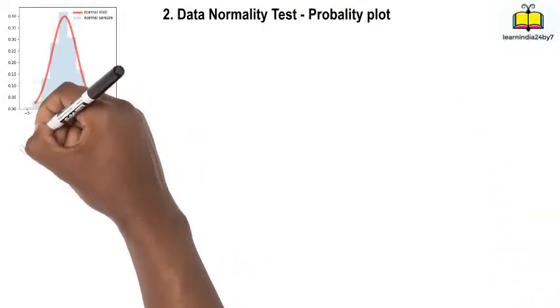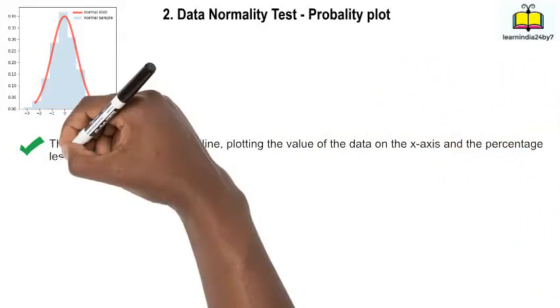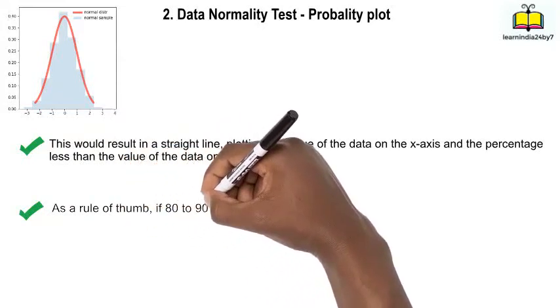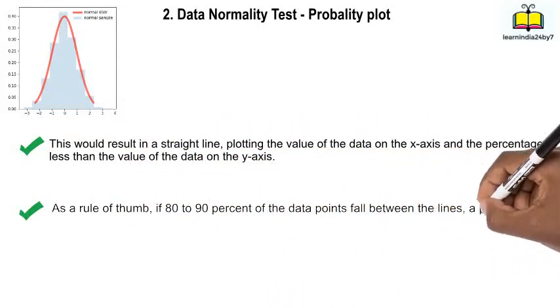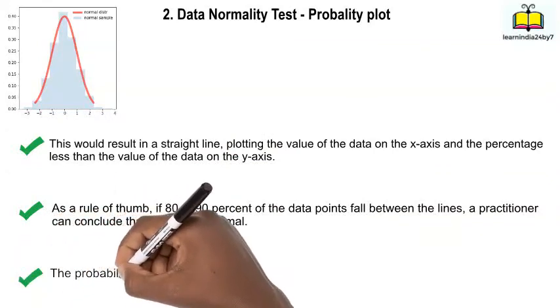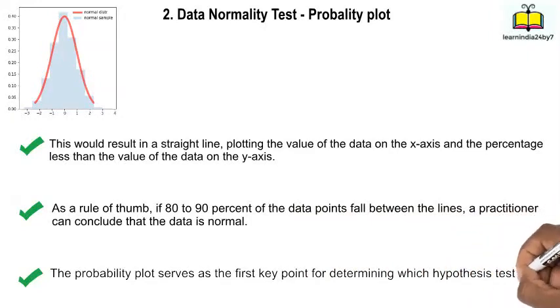In this case, the plot would result in a straight line. As a rule of thumb, if 80 to 90% of the data points fall between the line, a practitioner can conclude that data is normal. The probability plot serves as the first key point in understanding which hypothesis test to use.